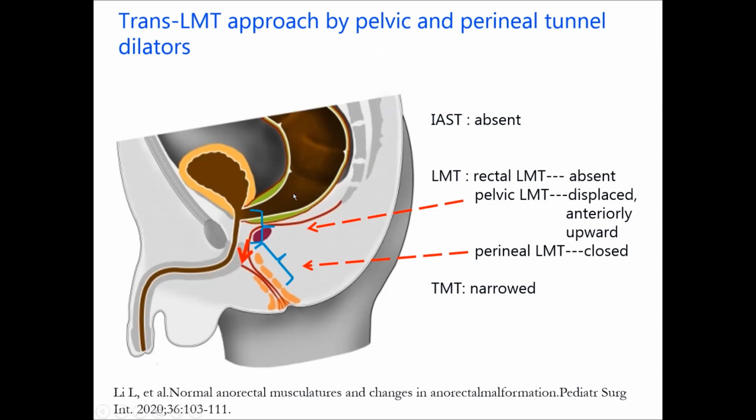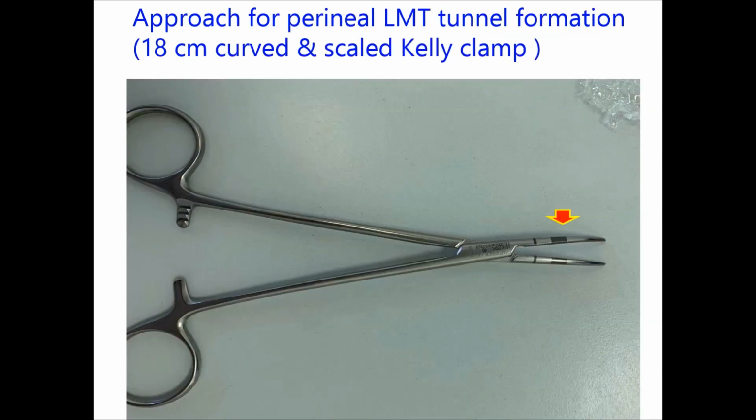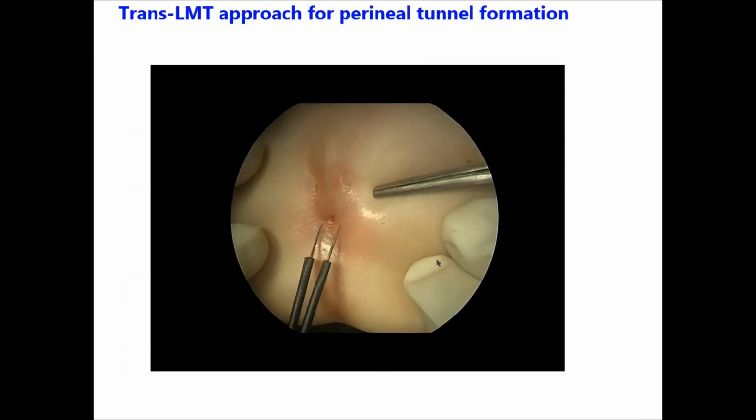From the pelvic approach under the laparoscope, the pelvic tunnel was dilated by the dilator. For the perineal longitudinal muscle tube tunnel formation, it is a developed perineal approach. For this, we prefer to use a curved and scaled Kelly clamp.